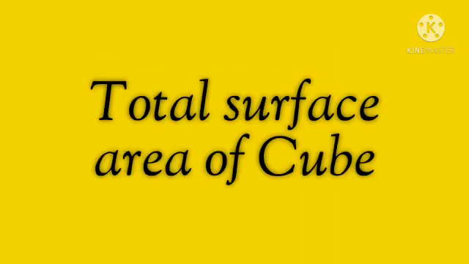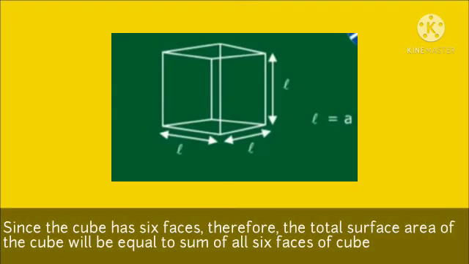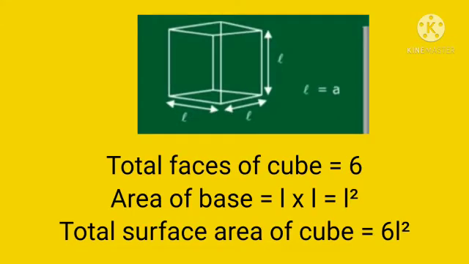Total surface area of a cube. Since the cube has 6 faces, the total surface area of the cube will be equal to the sum of all the 6 faces of the cube. Let L be the length of the side of a cube.